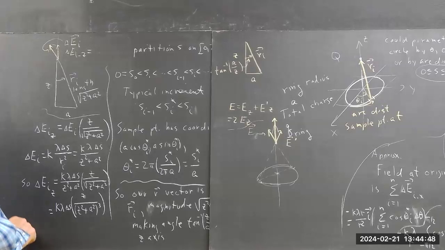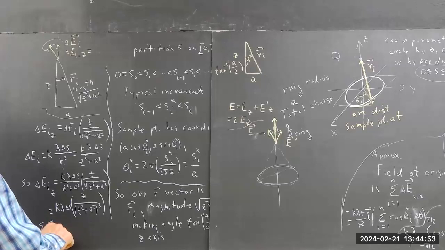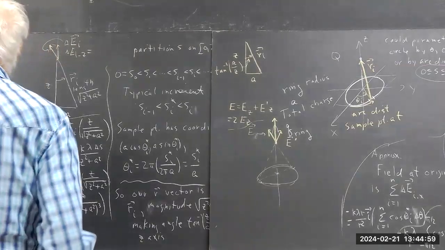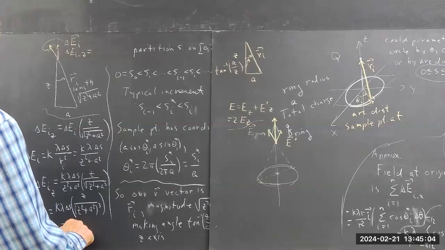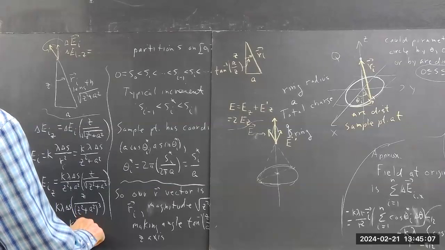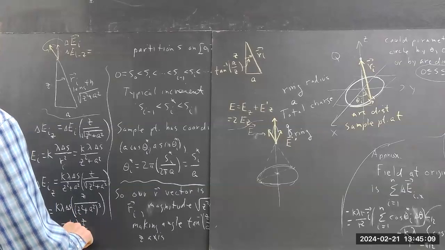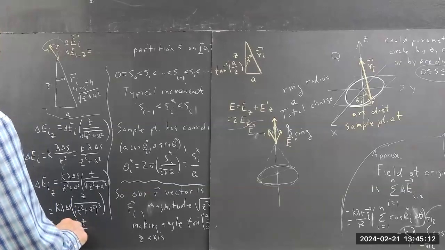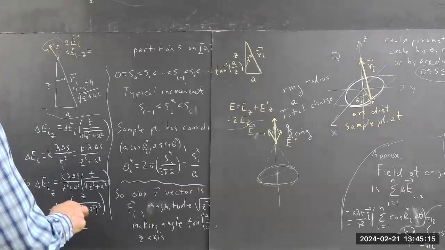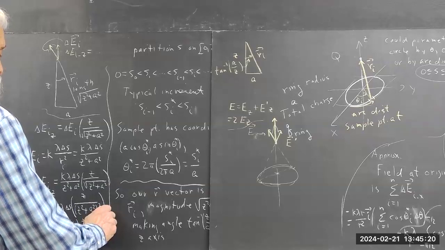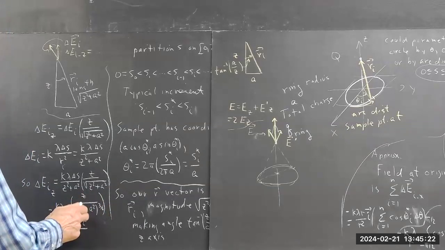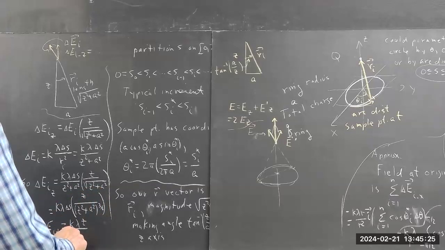Thus, the sum of your EIZs, and they should have written a square root to the cube. It's z squared plus a squared to the 3 halves.